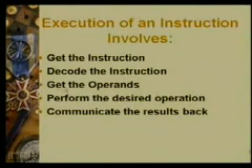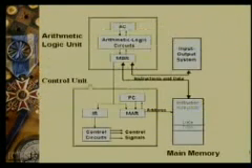What is the third step? Get the operands. The control signals are basically telling us to get the operands, and where exactly the operands are residing. The data is residing in the memory itself.